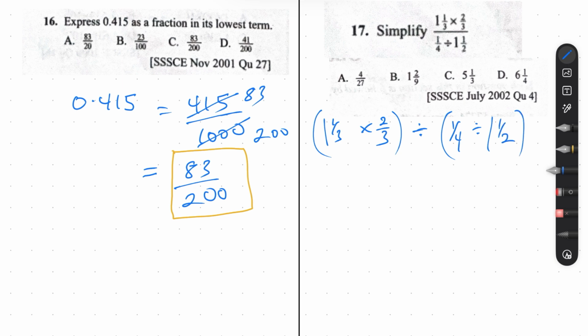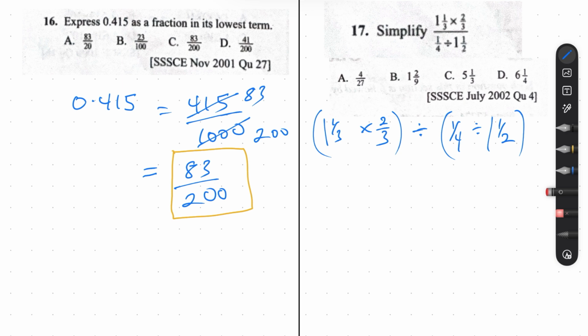So what we need to do is now change the mixed fractions into improper fractions, and also we change this into multiplication. And that is done by just flipping the improper fraction upside down. So after we change this into an improper fraction, we flip it upside down, right? So let's do that.